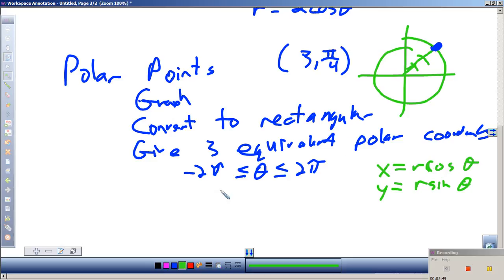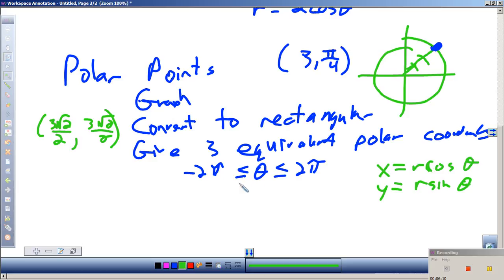Then we're multiplying times 3. So we have 3 root 2 over 2. Good. And sine, what's it going to be? Same thing for pi over 4. So 3 root 2 over 2. And that's just using these two formulas. We know what the cosine of pi over 4 is, root 2 over 2.